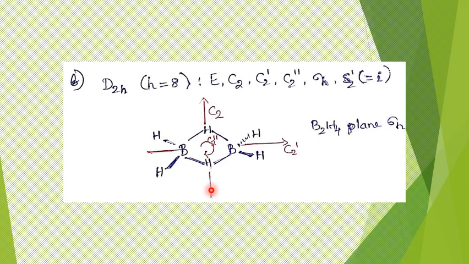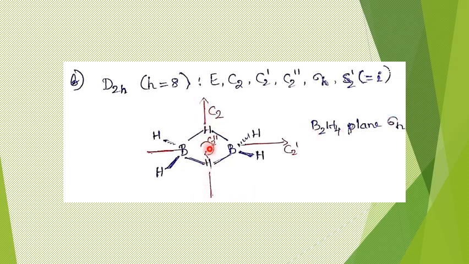So now 3 C2 axes will be possible, and definitely here, all being C2, it's difficult to say which is principal and which is subsidiary, but usually what we take is this will be taken as the plane of the molecule. So this B2H4 plane will be taken as sigma h. If that is taken as sigma h, this axis should be the principal axis, perpendicular to this plane.